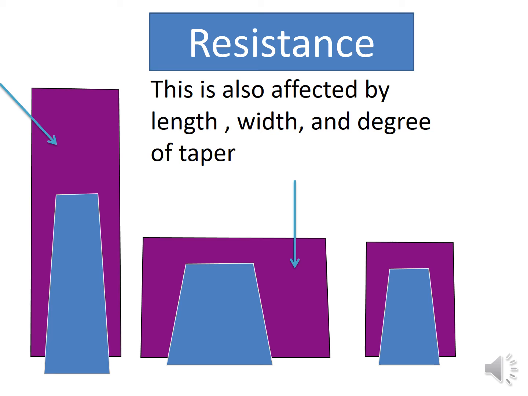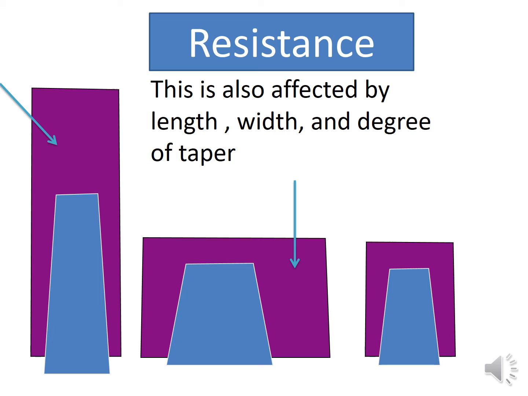If I have a long one, you can see the arrow, the blue arrow, representing my force. If the force in the oral cavity passes in a way, not in the direction of the tooth itself, it's going to dislodge or make my restoration unstable.